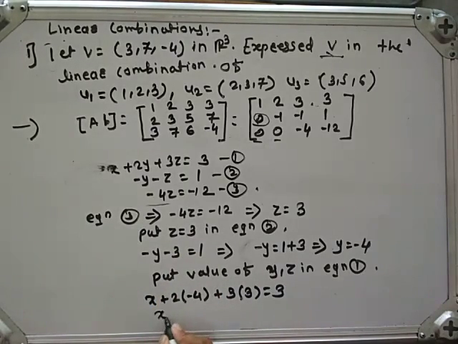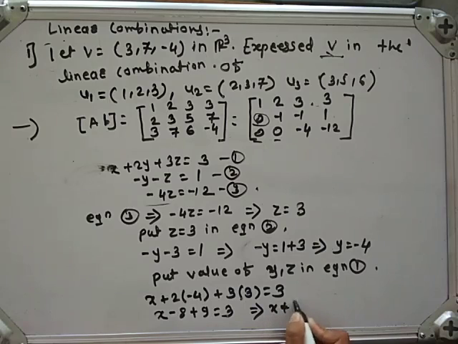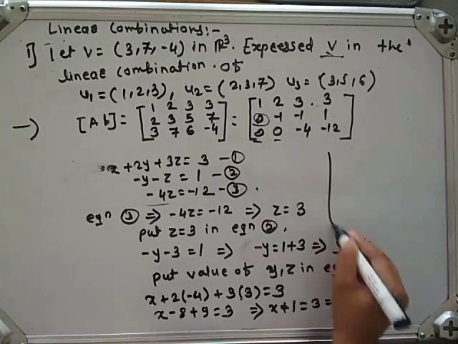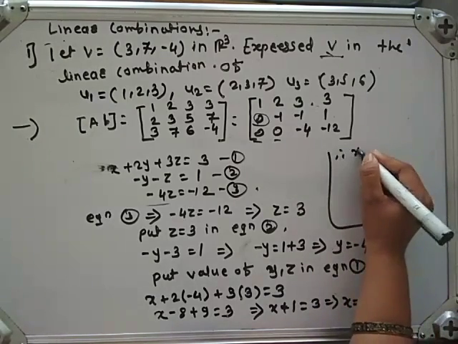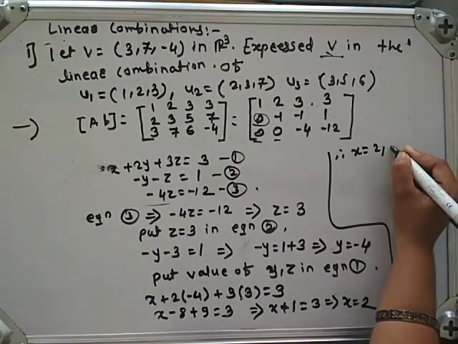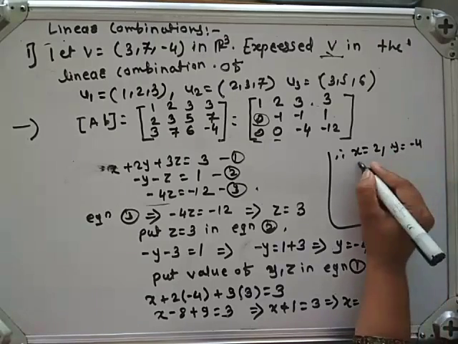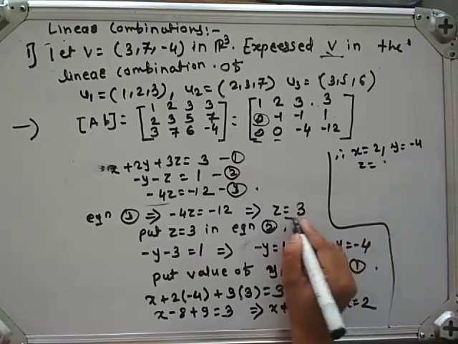So x minus 8 plus 9 is equal to 3. That implies x plus 1 is equal to 3. That implies x is equal to 2. Thus, therefore, x is equal to 2, y is equal to minus 4 and z is equal to 3.